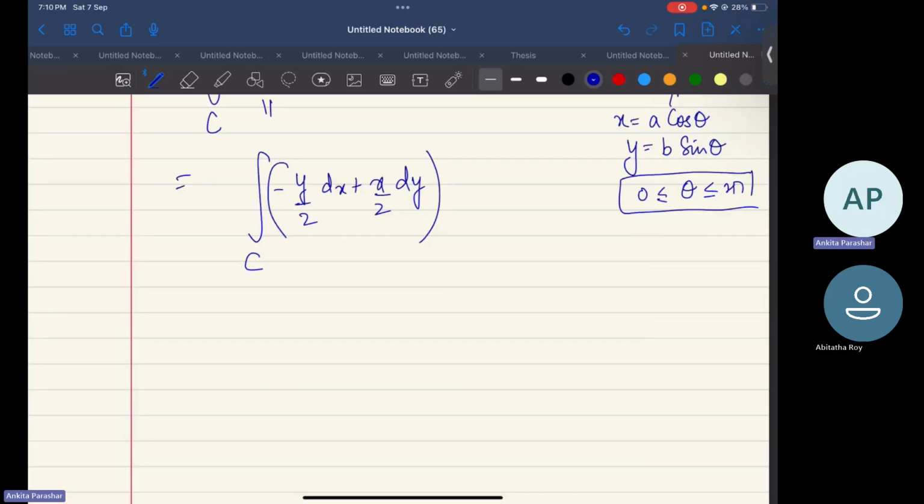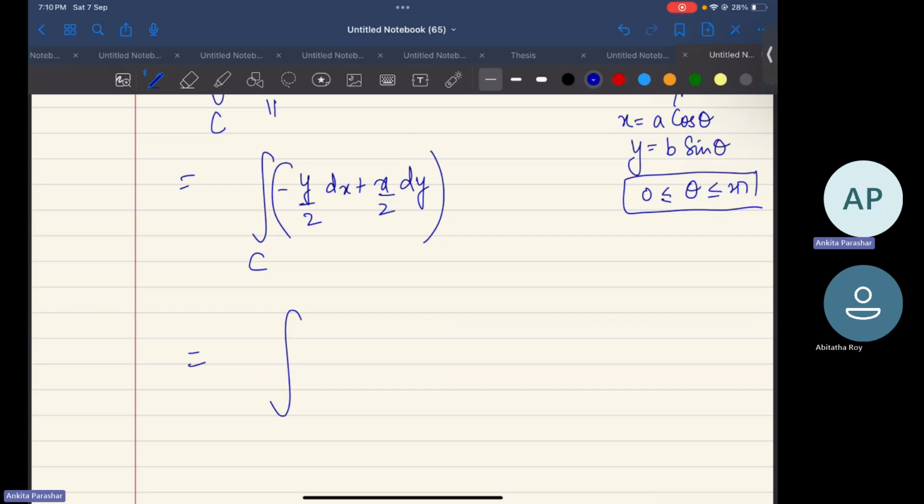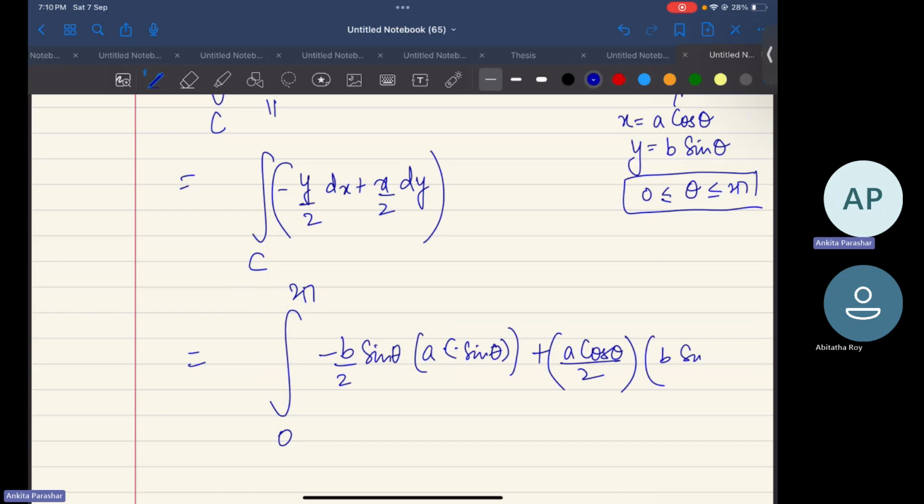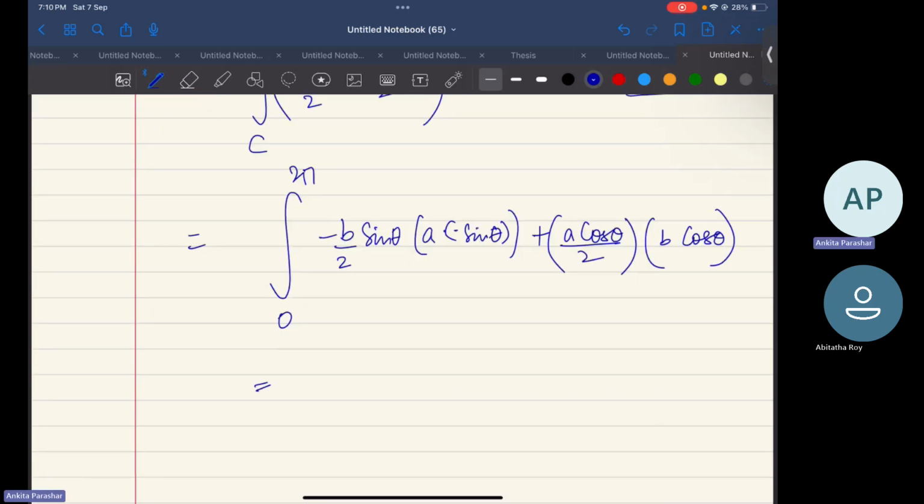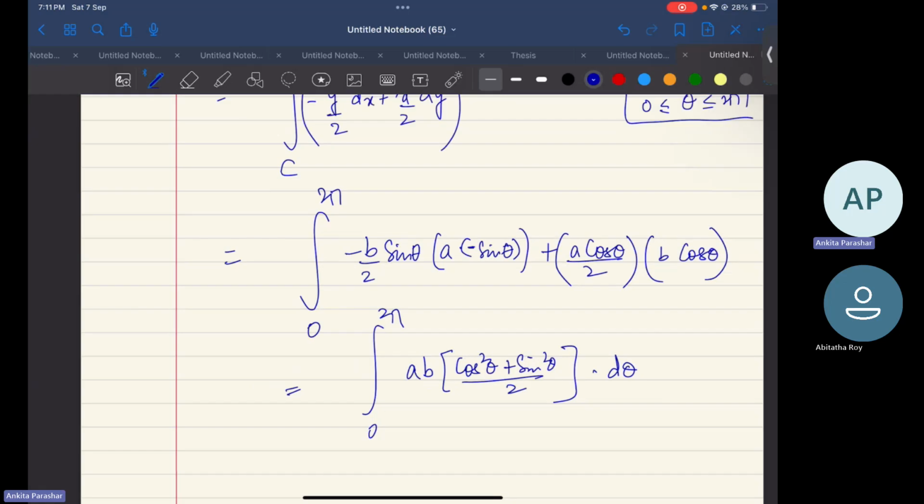So I will just write 0 to 2 pi. My y is minus b by 2 sin theta, times dx, which is minus a sin theta, plus x, which is a cos theta by 2, times dy, which is b cos theta. What would I get? There is a minus over here. I'll get ab (cos squared plus sin squared) by 2, integrated from 0 to 2 pi over theta. Isn't it?